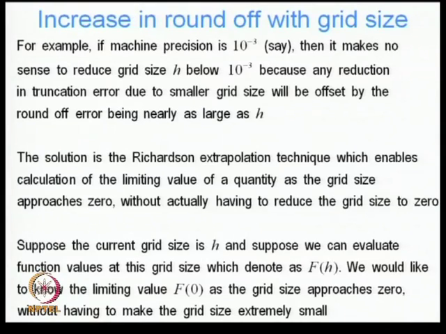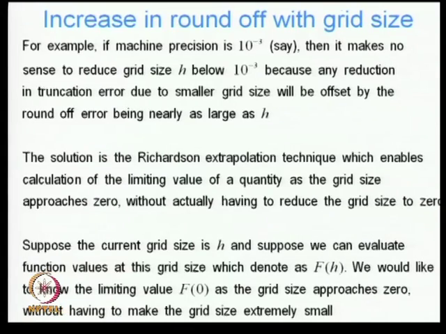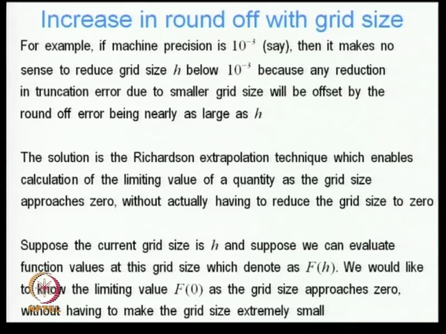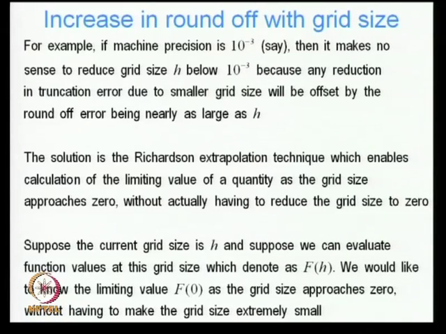For example, if the machine precision is say 10 to the power minus 3, then it makes no sense to make the grid size h below 10 to the power minus 3, because the round off error is going to be nearly as large as my grid size. So it makes no sense to make the grid size smaller than the round off error.